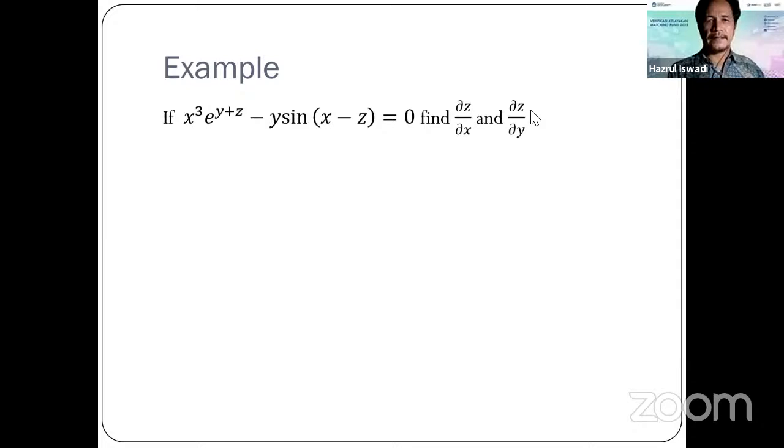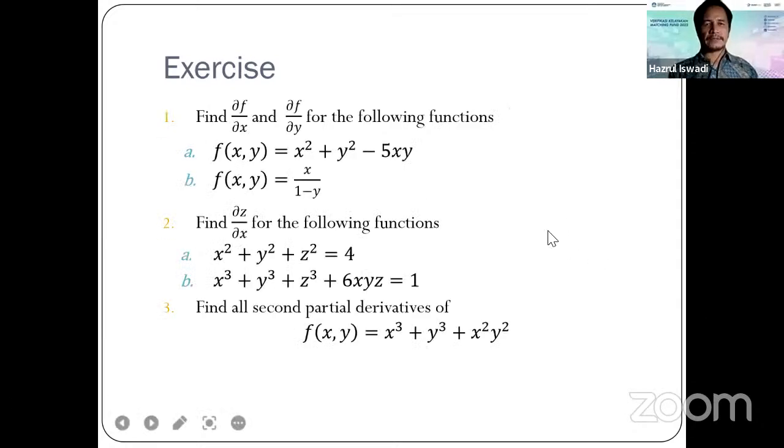Okay, the last slide contains exercises 1, 2, and 3. I will help you with the formulas for this exercise, and the rest should be done by yourself.